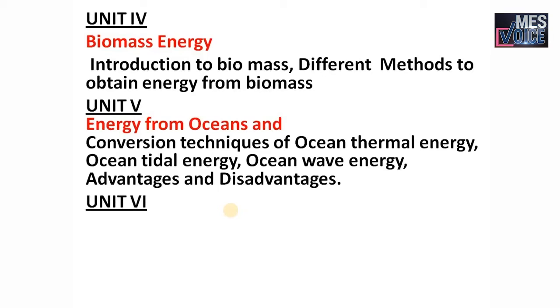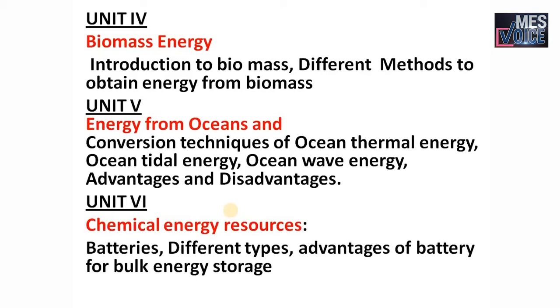And the last unit, unit number 6, in which we will study some chemical energy. This can hardly be classified as a non-conventional source, but it is comparatively modern, so we have included it here. We will discuss batteries, different types of batteries, and how batteries carry and store energy.